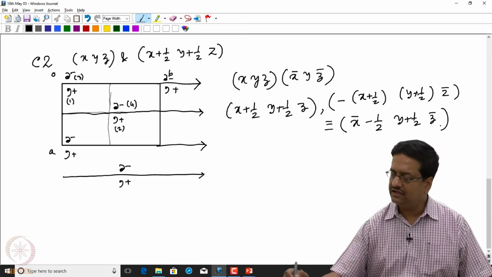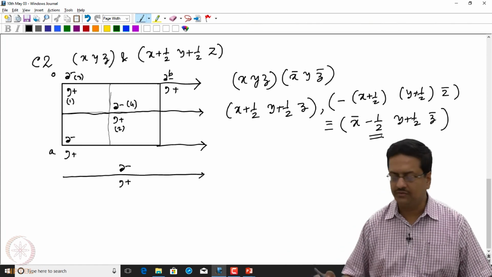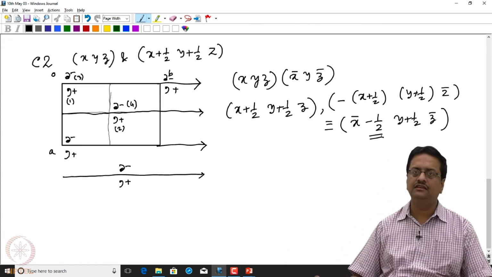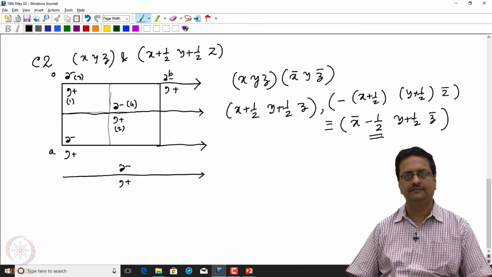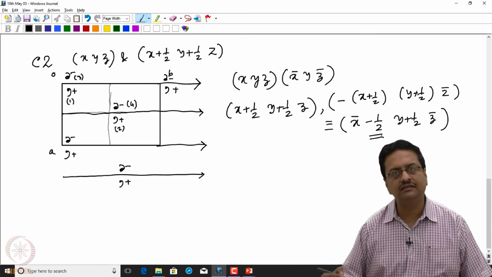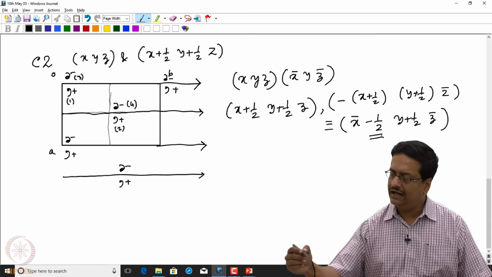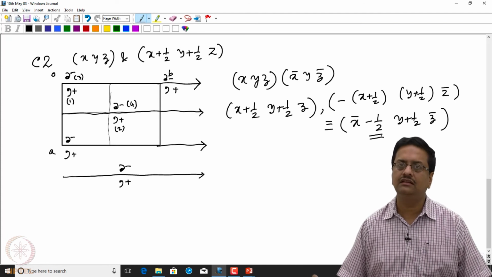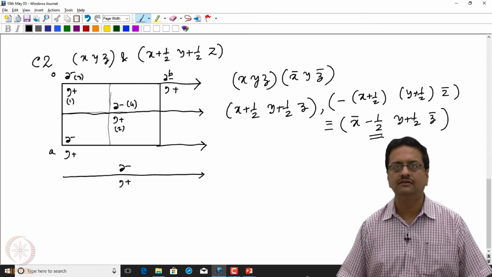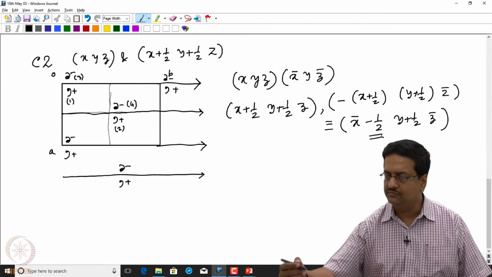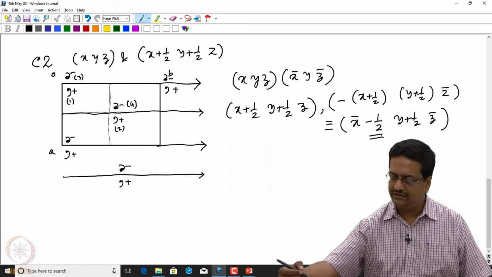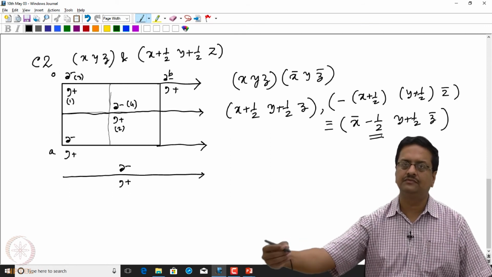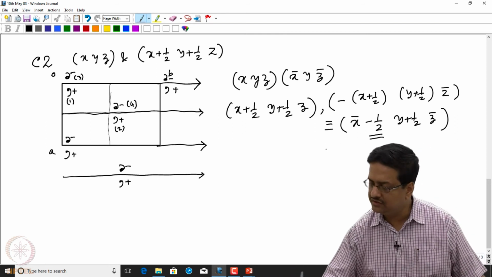So now you see that there is a minus half component which indicates that the point is outside the unit cell. So to bring it inside the unit cell, we can add 1 to the x coordinate so that the atom or the group of atoms or the object comes from outside to the inside of the unit cell.